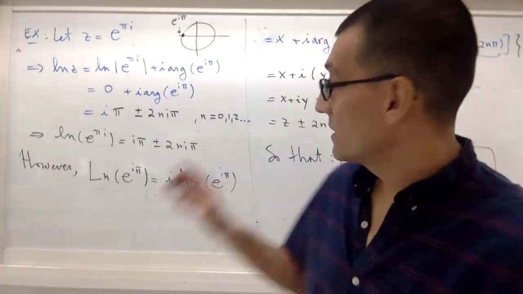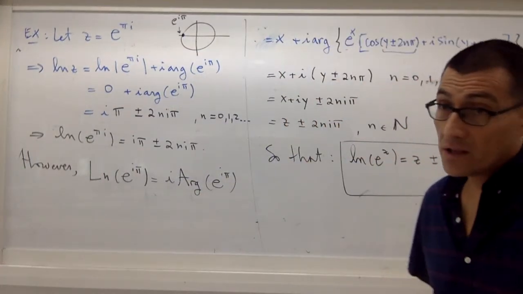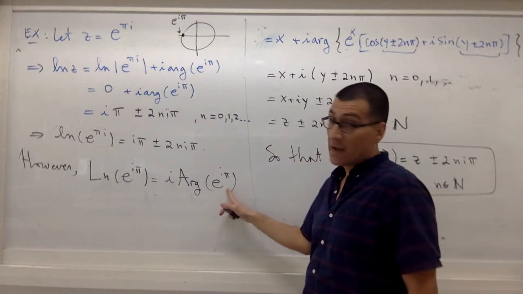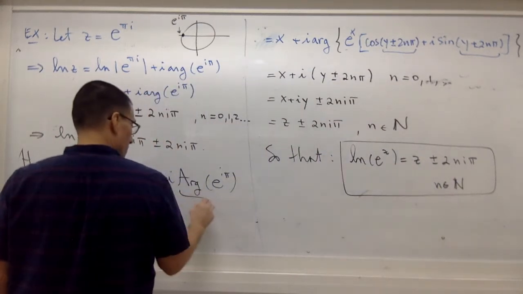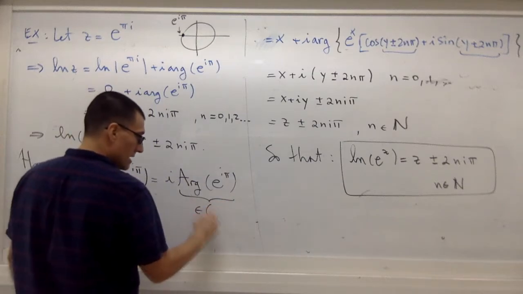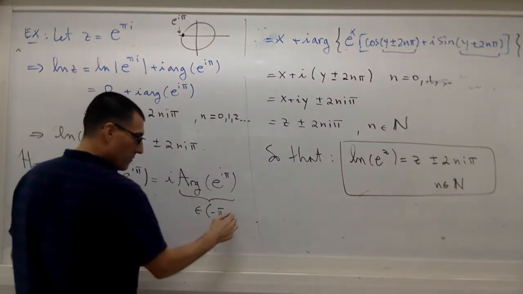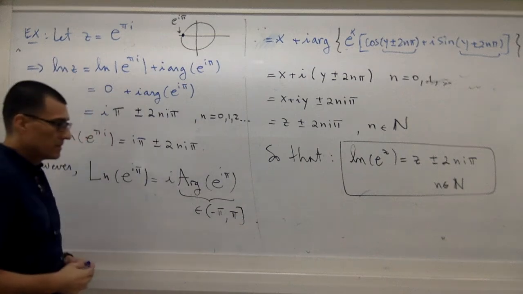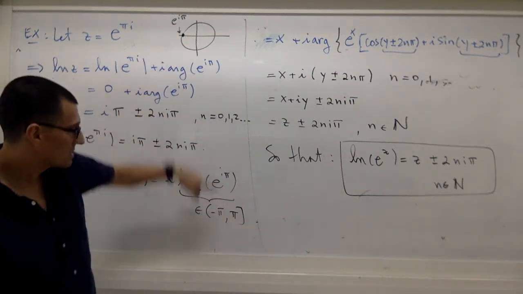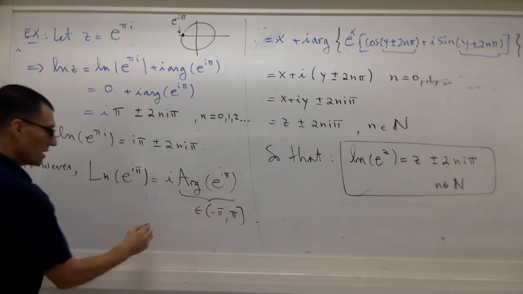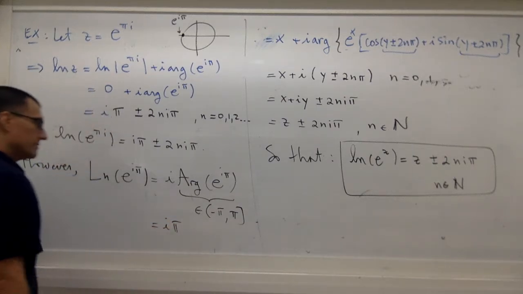The principal value of the argument is a function. This number belongs in the interval negative pi to pi, where you don't touch negative pi, and pi is included. Well, for e to the I pi, the argument is exactly equal to pi. So you get here I pi.